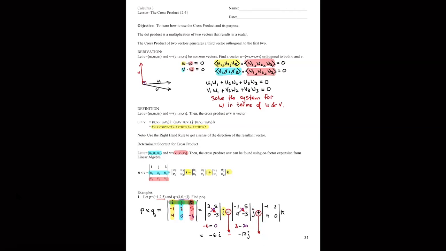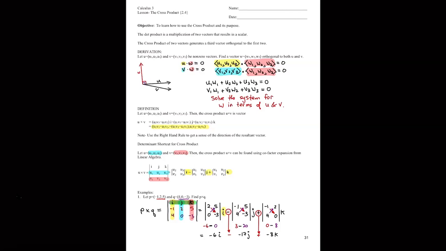Multiplication down the main diagonal gives me a 0 minus multiplication up the other diagonal, 8. So -8. I've got a plus here, so I have -8k.